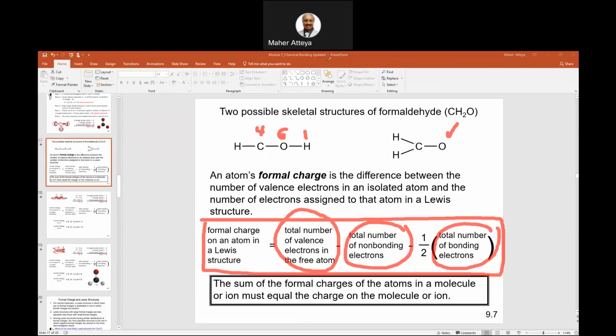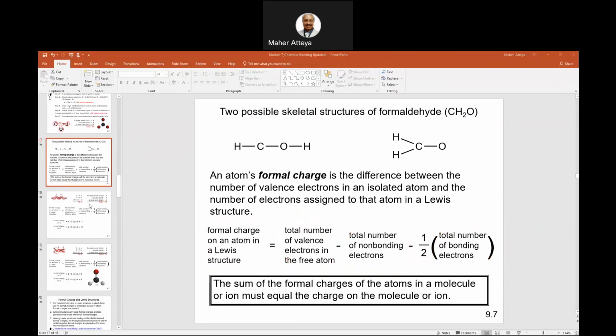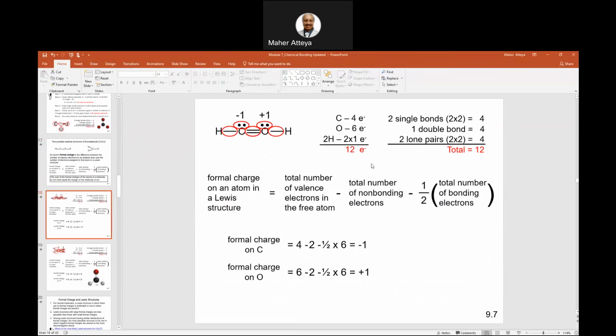So let's look at this. Put this one here in, suppose we have something looking like this, correct? So carbon, okay, carbon has 4 valence electrons. Oxygen is 6.